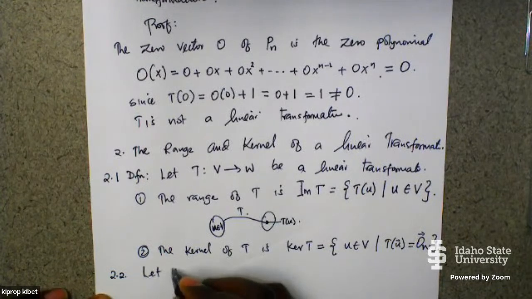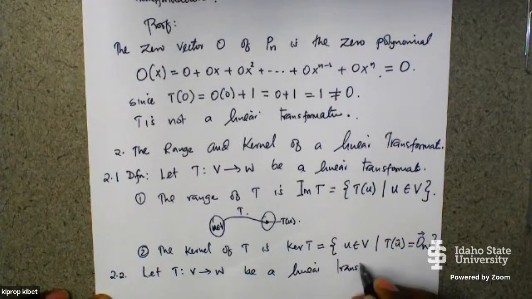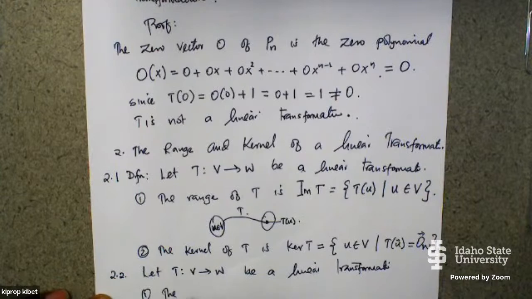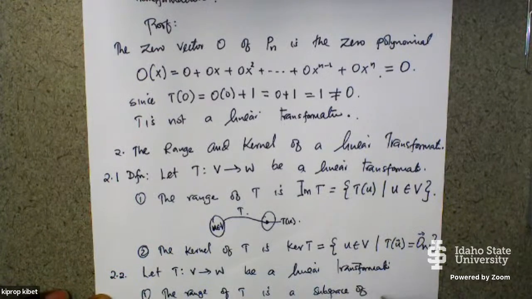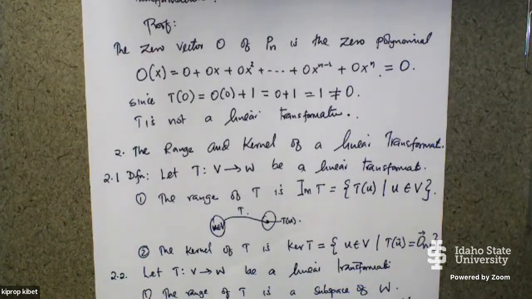If we let T from V to W be a linear transformation, then number one, the range of T is a subspace of W. And number two, the kernel of T is a subspace of V.